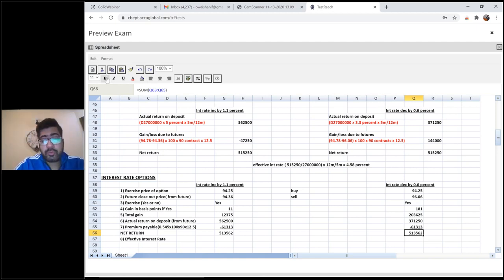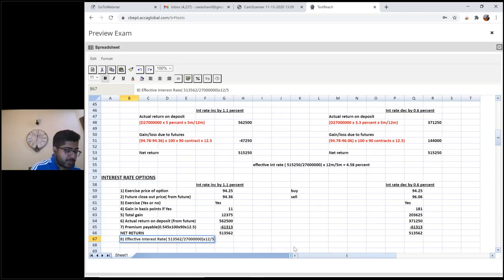Again, the answer of both options is coming the same, and finally you get the effective interest rate as net return 513,562 divided by amount, into 12 months over 5 months. So this makes it 4.56%.